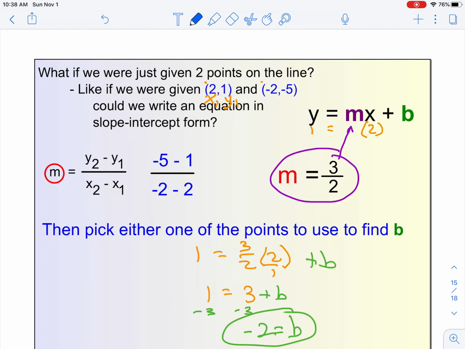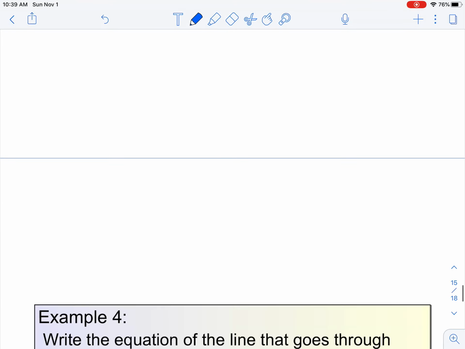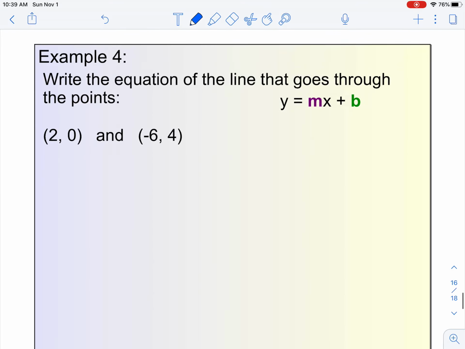So now I have my slope and my y-intercept again, so I can write my equation. Y equals 3/2 x minus 2. And if we picked the other point, we would get the exact same b value. It won't matter.